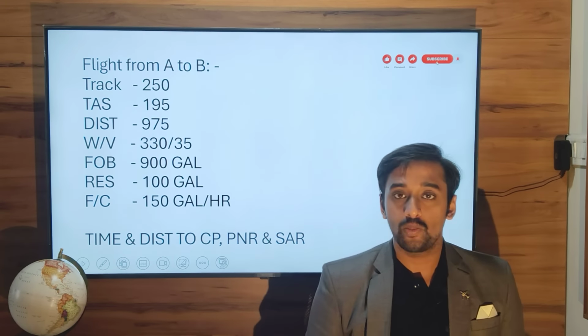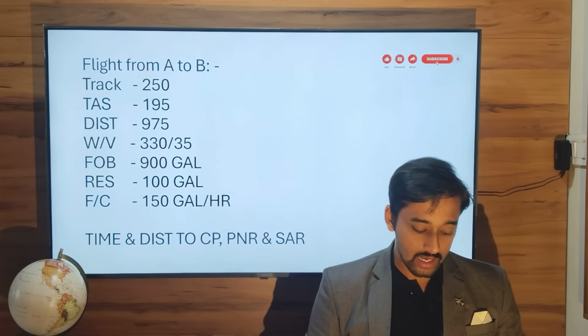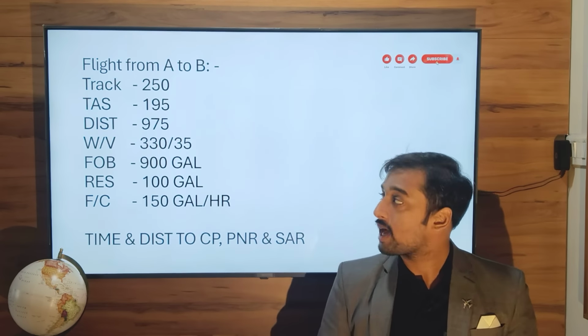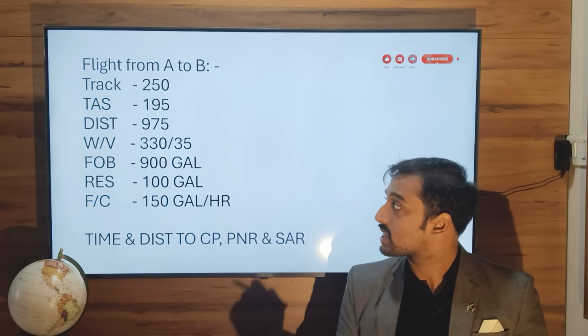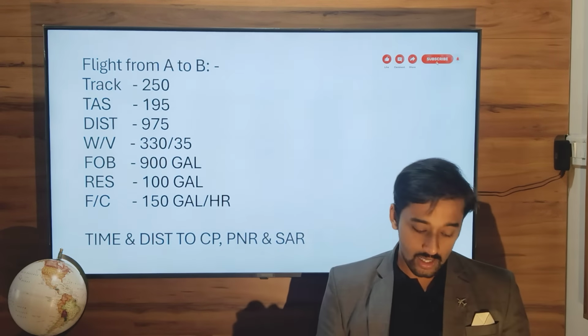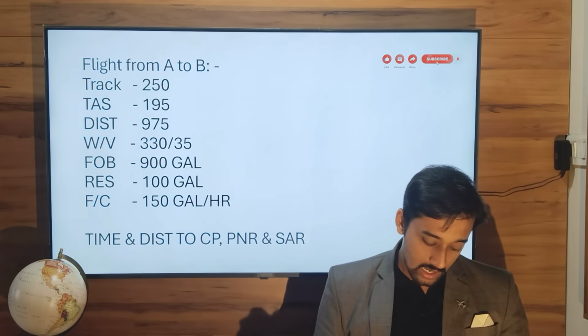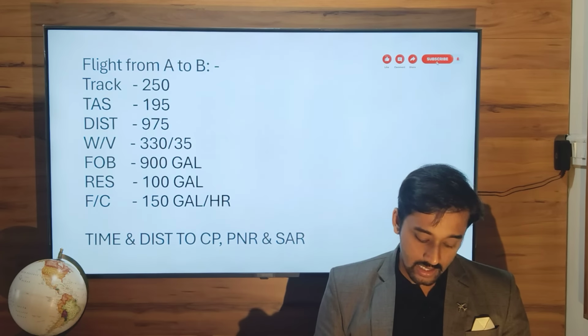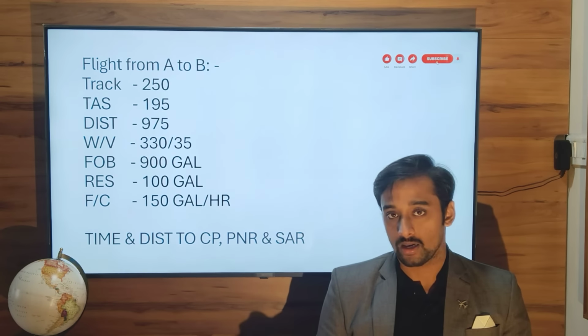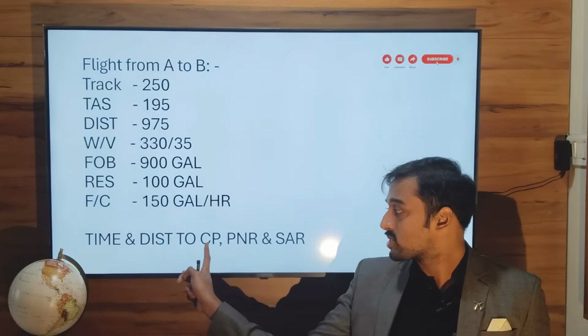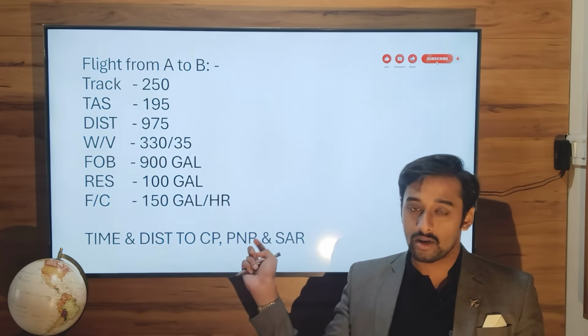You're flying from A to B and your track is 250. Your TAS is 195. Distance from A to B is 975. Winds are 300 at 35. Fuel on board 900 gallon. Reserve fuel 100 gallon. Consumption rate 150 gallon per hour. Calculate distance and time to CP, PNR and still air range.